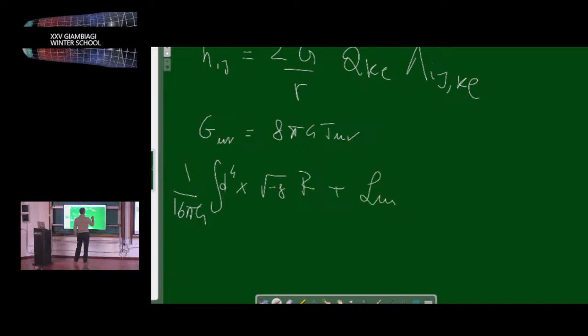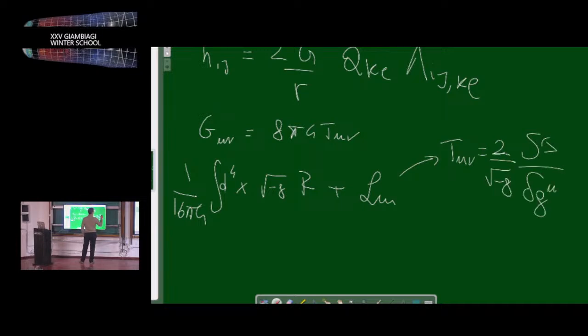And then we know that the energy momentum tensor is defined as twice over minus square root of g, the variation. Is everybody fine with this? I mean, the usual definition of the energy momentum tensor is the variation of the matter action with respect to the metric tensor.